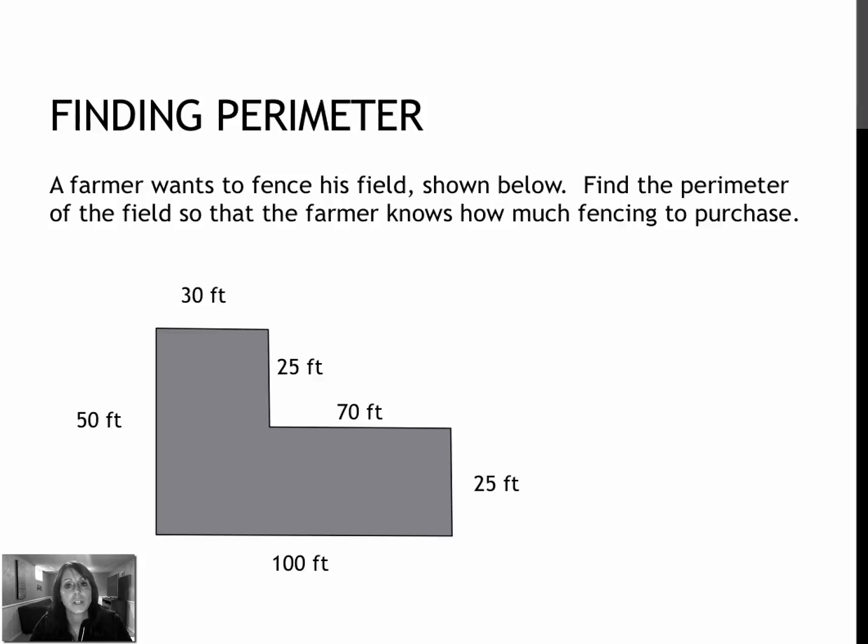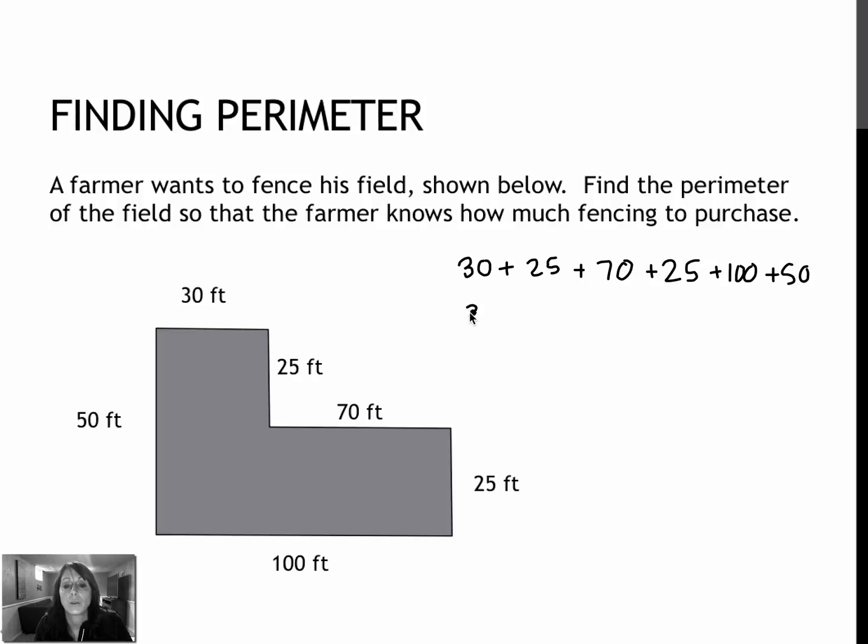Here's another figure to find the perimeter of, and the perimeter again is the distance around, so I'm simply going to add the 30 plus the 25 plus the 70 plus the 25 plus 100 plus 50. Now here, since I'm not using a calculator, this is where you might utilize the commutative property or the associative property, where I'm going to switch the order around or group things differently.